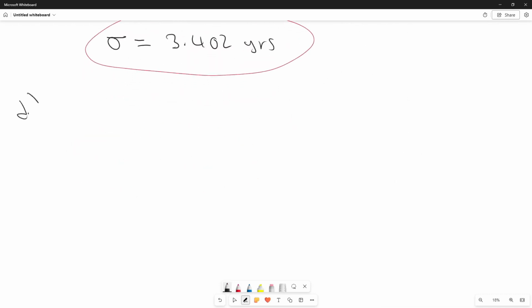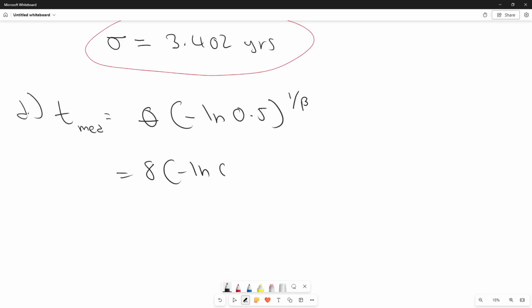D, median and mode. Formula for median is t median equals theta times negative ln 0.5, because median is half, all to the power 1 over beta. So pretty easy. 8 times negative ln 0.5 to the power 1 over 2.2 gives us 6.772 years.